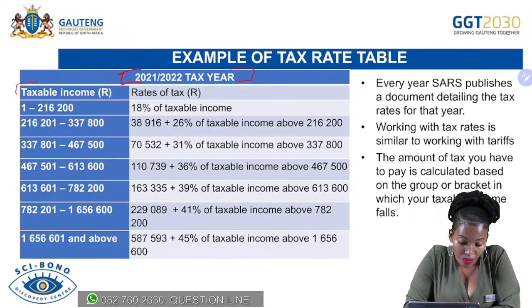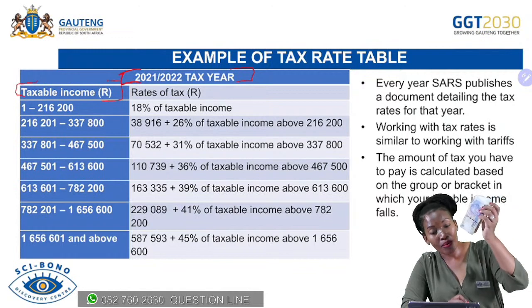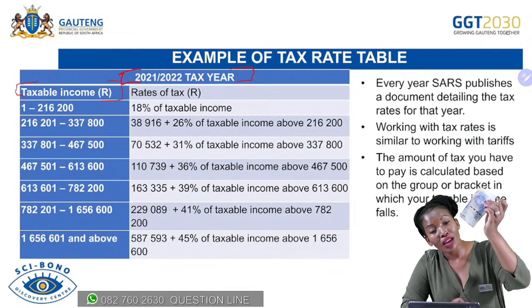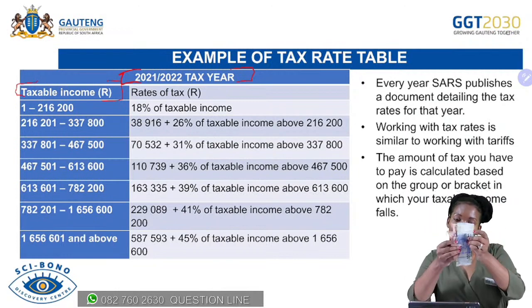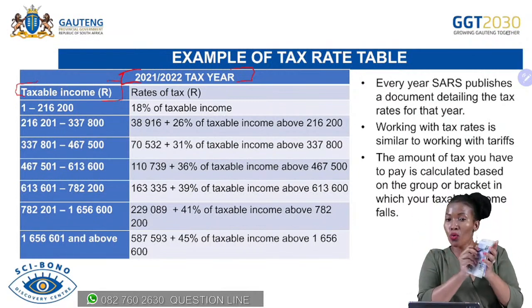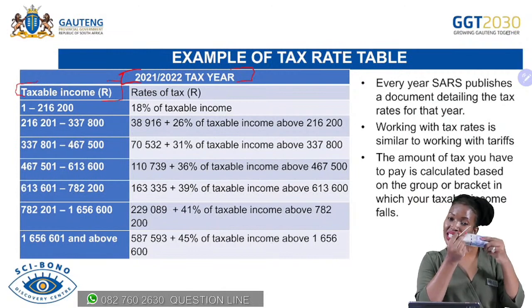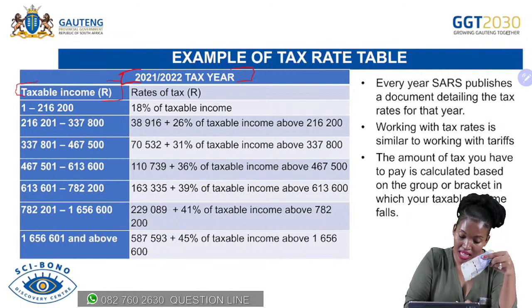In this section, we have our taxable income. Remember what our taxable income is? It is the income that we are going to use when we calculate your tax. Let's say our taxable income is 320,000. So how do we use this in the table?